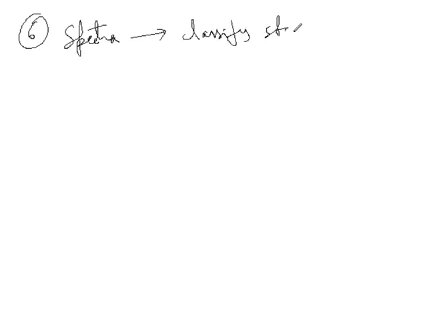Now, you see, the next feature is quite interesting. One of the earliest uses of stellar spectra was to classify stars. So spectra were used basically to classify stars. Now this classification is known as spectral classification.